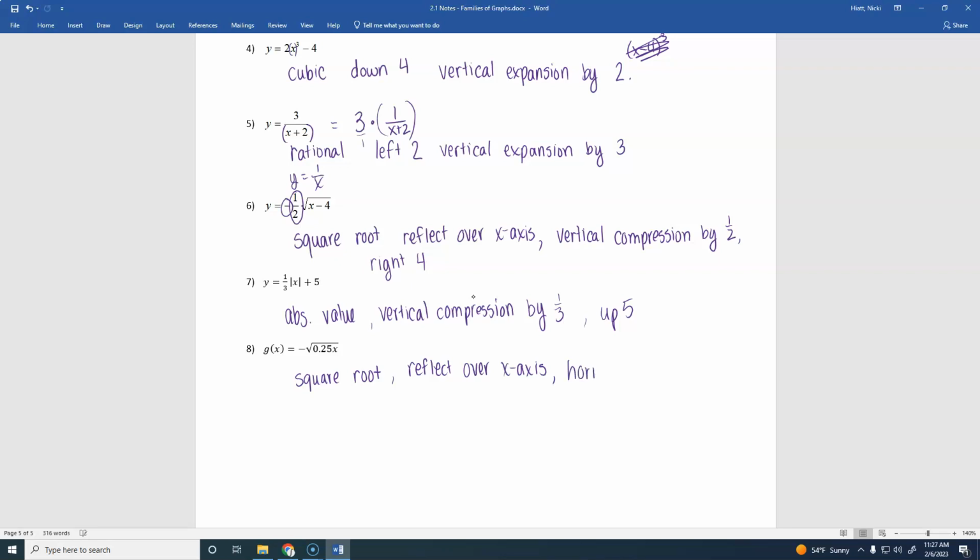Horizontal, almost. Expansion. Everything on the inside is backwards. So small numbers make it bigger, so it's expansion. Which is confusing, and this is the one I always mess up, if I'm going to mess one up. Now, what factor?